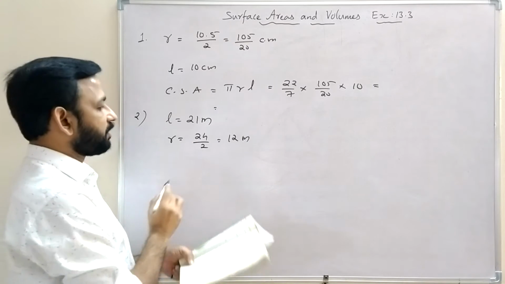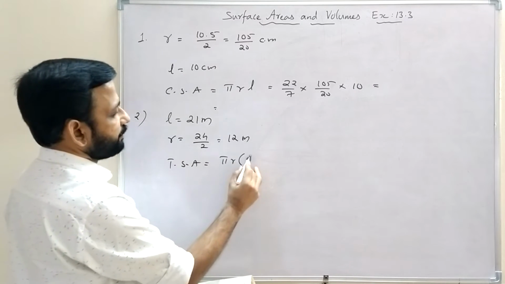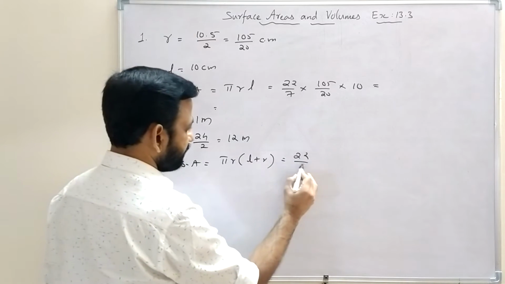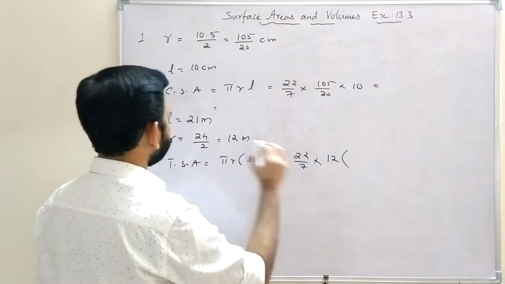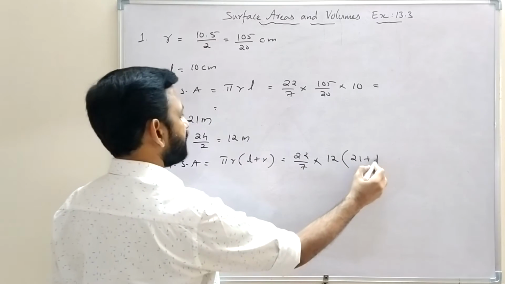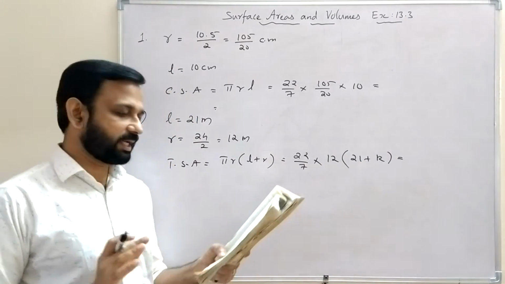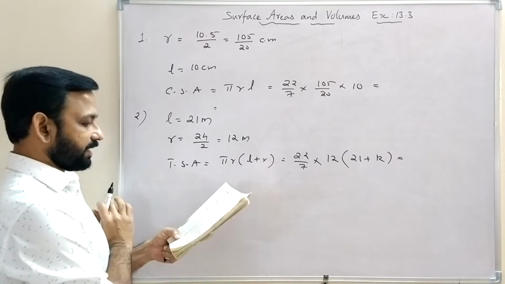Then find the total surface area. So total surface area formula is pi r into L plus r. So now we can replace the values: 22 by 7 into radius 12 in bracket L plus r, 21 plus 12. So when we simplify we will get the total surface area of cone. So that is second question.